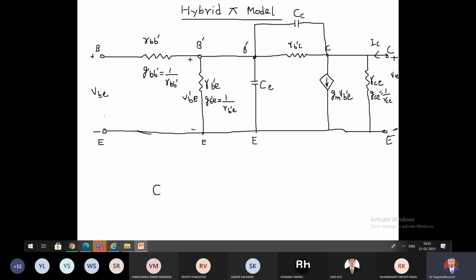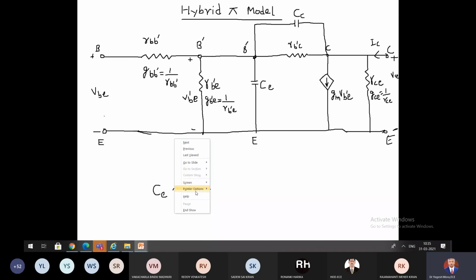Now the typical value of this CC is around 3 picofarad.